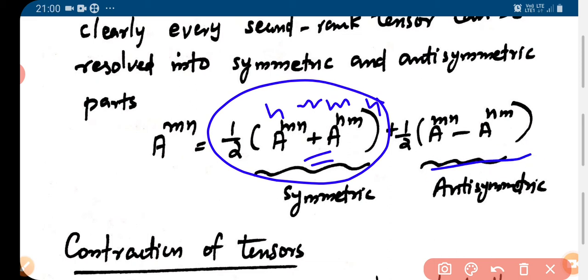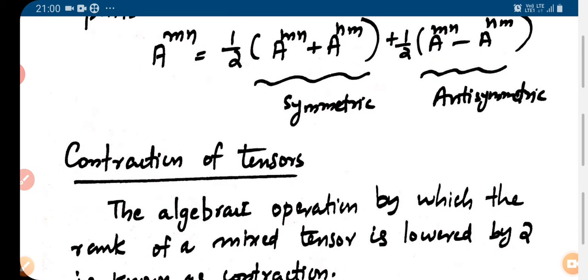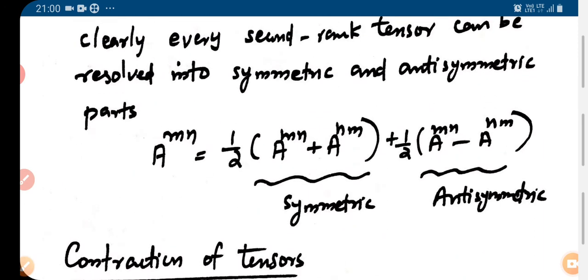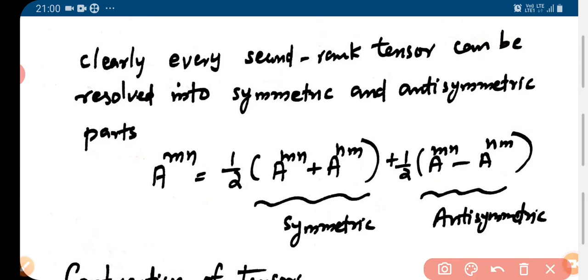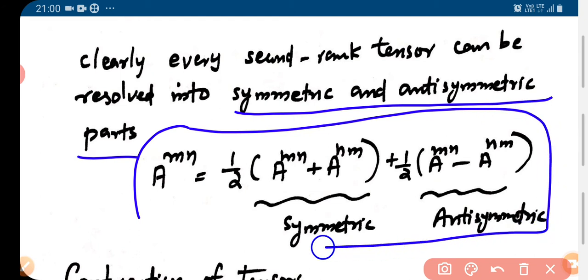Here, if you interchange the indices, Amn becomes Anm, and Anm becomes Amn, so you get the negative of this. So we have the symmetric and antisymmetric tensors. Any second rank tensor can be resolved into a symmetric and an antisymmetric part. So Amn is equal to half of (Amn plus Anm) plus half of (Amn minus Anm).